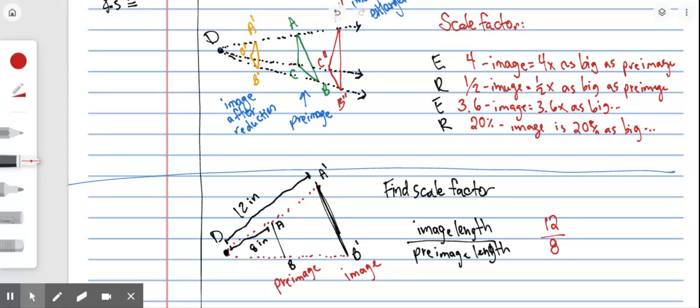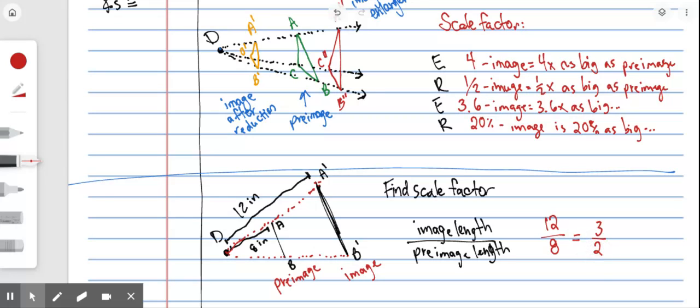Okay, and I can compare these corresponding parts because I know that it's proportionally going to be the same, because from D to A prime, this creates one side of a triangle, and from D to A, it creates one side of a similar triangle. Okay, so then my scale factor is 12 over 8, which I can reduce by dividing by 4 to 3 over 2.